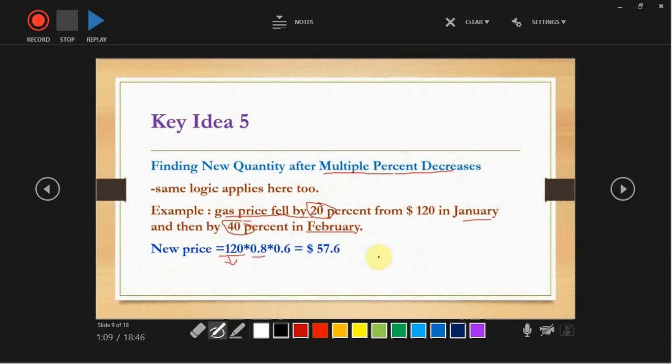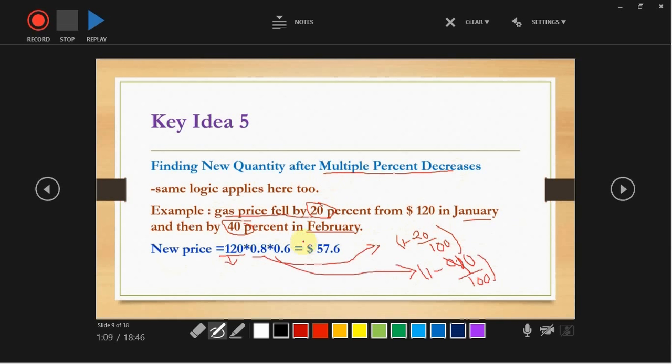This 0.8 has been put here from the logic 1 minus percent reduction over 100, and this 0.6 has been put here by the same logic, 1 minus 40% reduction over 100.